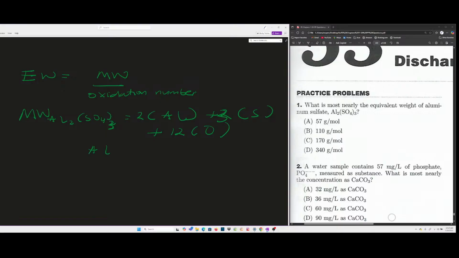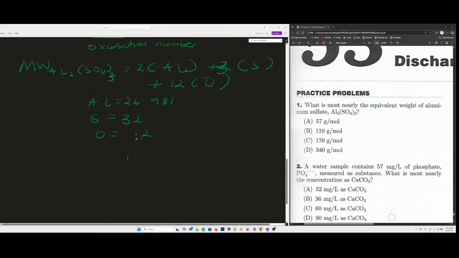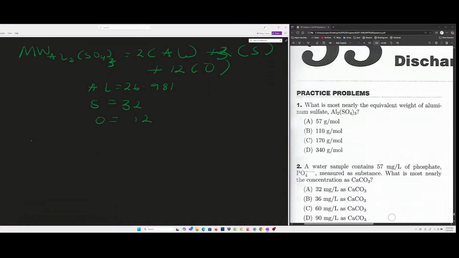So we know aluminium is 26.981 or 27. Sulfur is 32. And we know oxygen is 16, my bad.